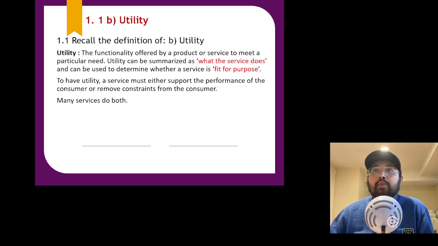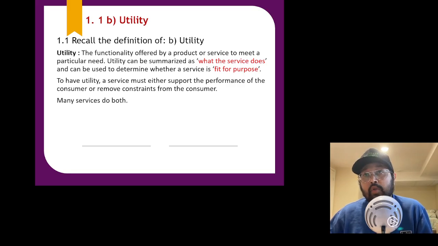So next, utility. Recall the definition of utility. So utility is the function offered by a product or service to meet a particular need. So utility can be summarized as what the service does. So every service does something, right? So what that service does, that is the utility, and can be used to determine whether a service is fit for purpose.